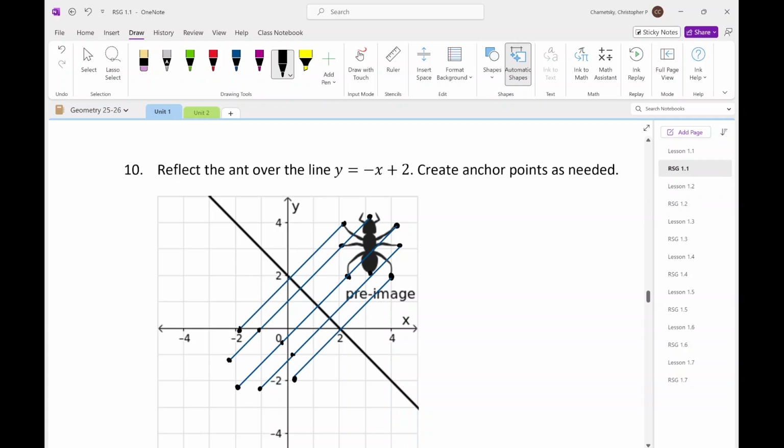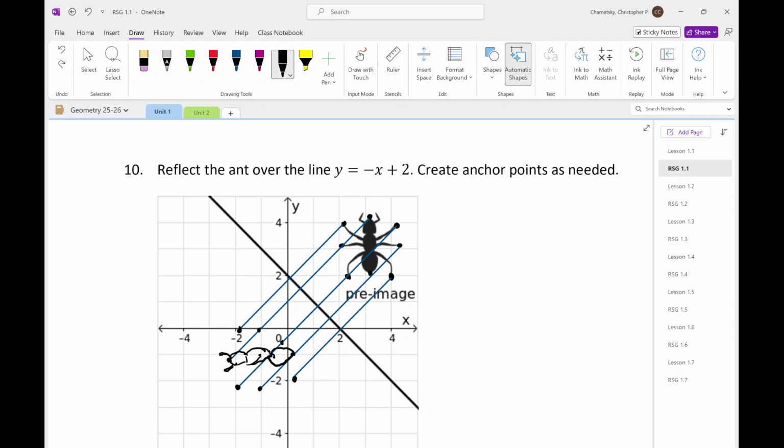Something like that. So here's where this is the head right here, so mandibles coming out. Section like that. And the bigger thorax, something like that.